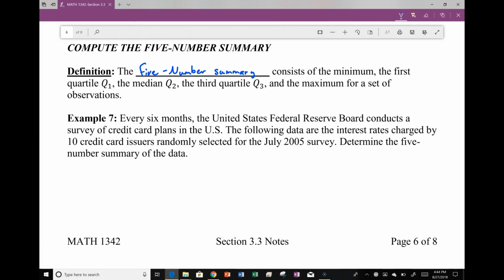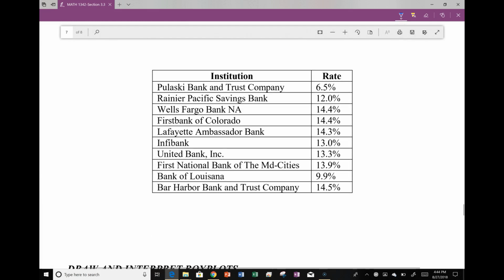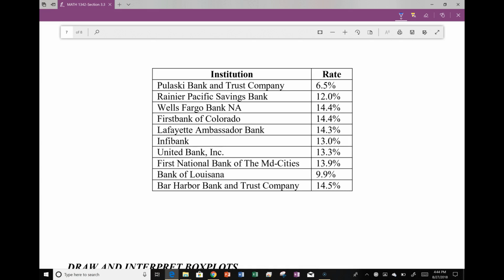Every 6 months, the United States Federal Reserve Board conducts a survey of credit card plans in the U.S. The following data are the interest rates charged by 10 credit card issuers, randomly selected for the July 2005 survey. So this is older data. Determine the 5-number summary. Well, we're given the data right here.